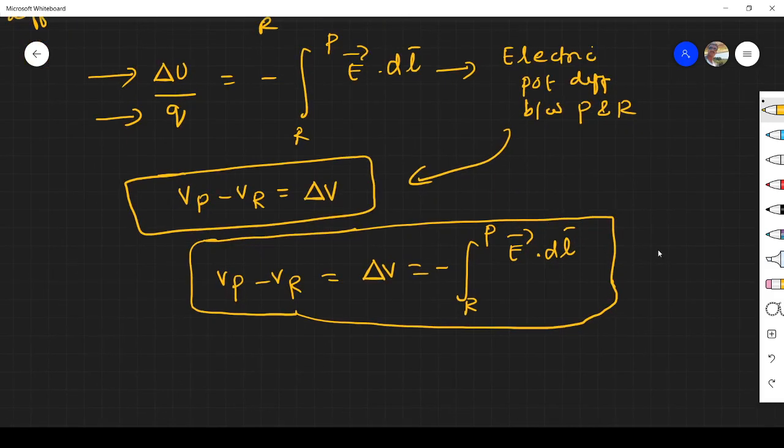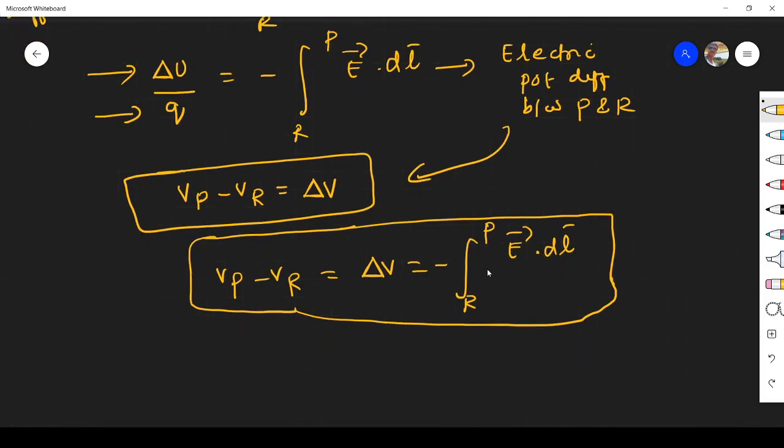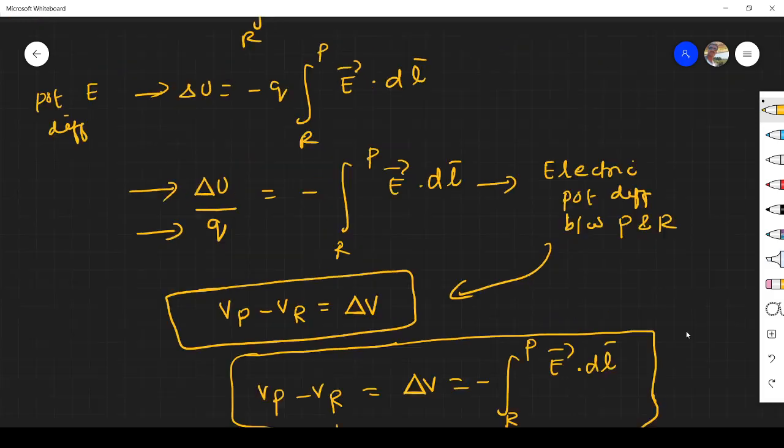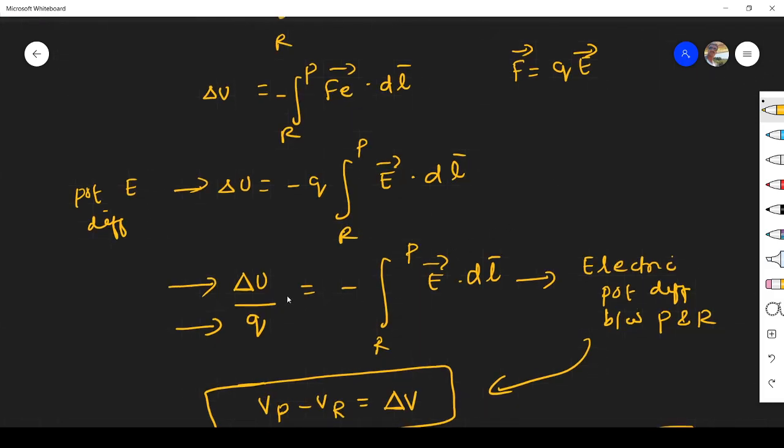This gives the potential difference between the two points R and P. So we know delta U by Q is equal to delta V. Clear?